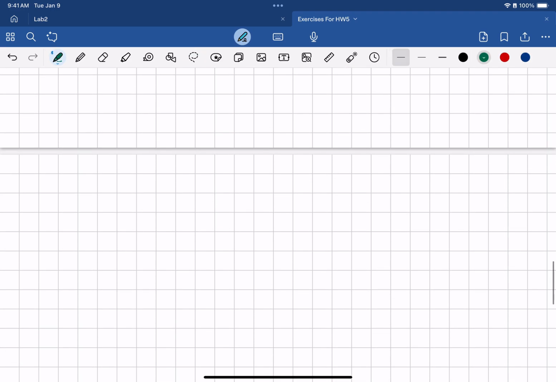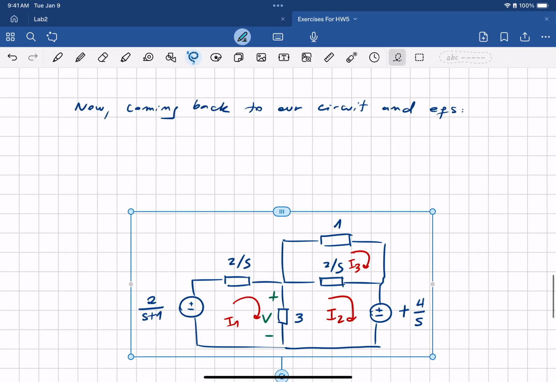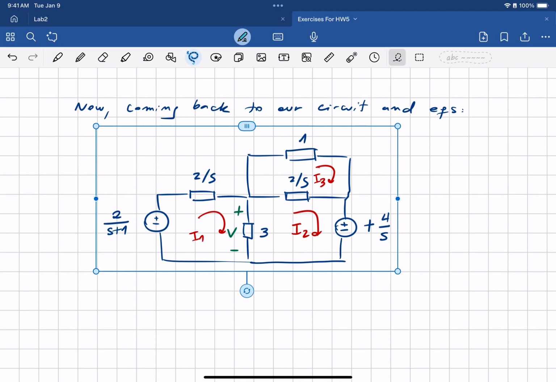So we're going to say, now coming back to our circuit and equations, right? So we already defined the equations essentially, right?